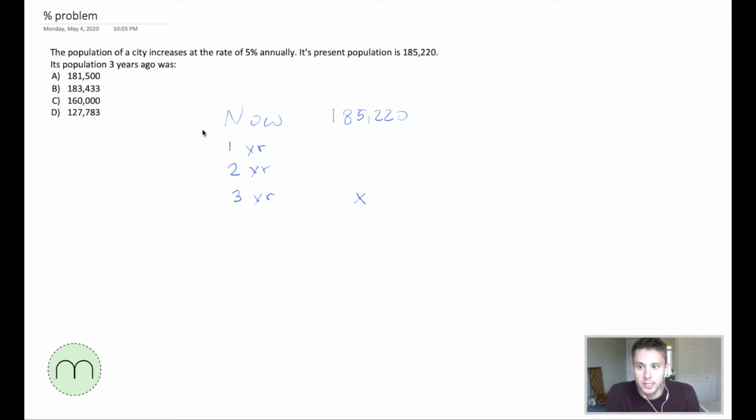Then we know that since the population increases at the rate of 5% annually, 2 years ago the population was 1.05x, right? It's very important to understand the relationship between percentages and decimals.